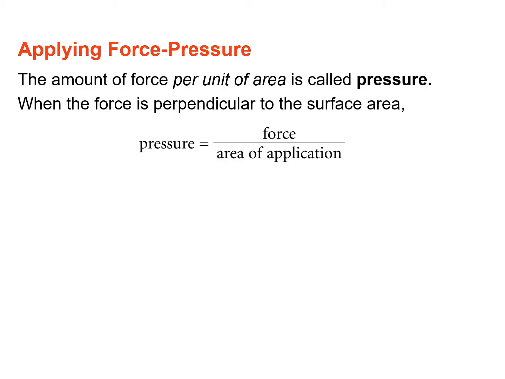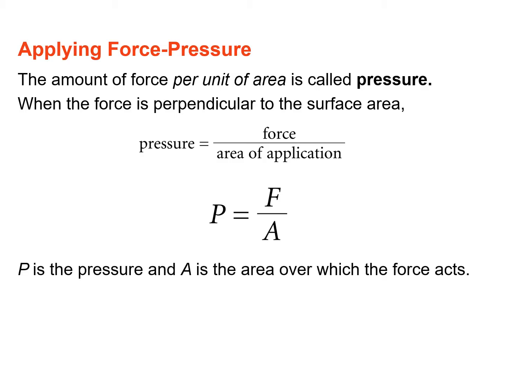This formula actually only works if you are talking about a perpendicular application of force, but for our purposes, this is the only formula that we are going to look at. We can symbolize it with letters. Let's capitalize everything and just make it P equals F over A, where P is the pressure, A is the area over which the force, F, is applied.